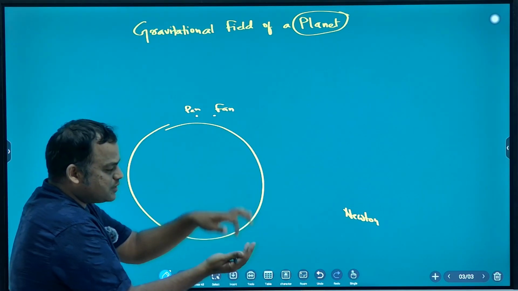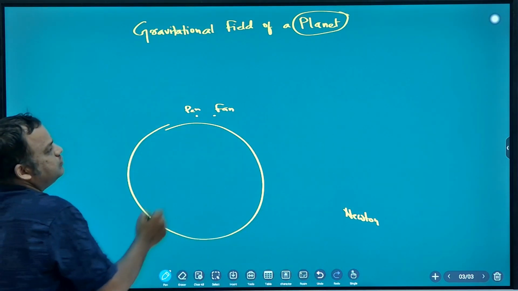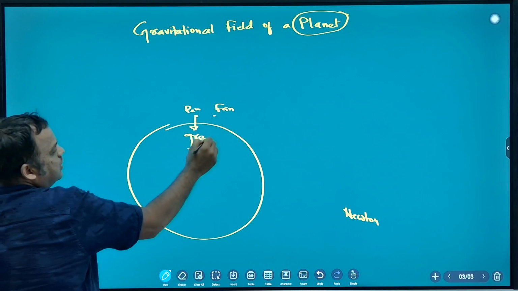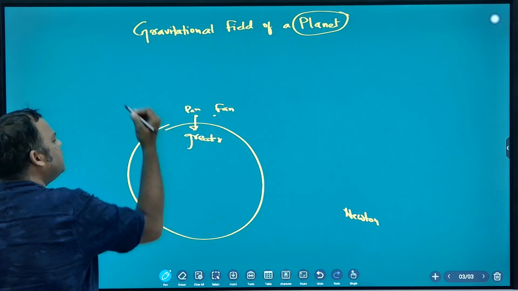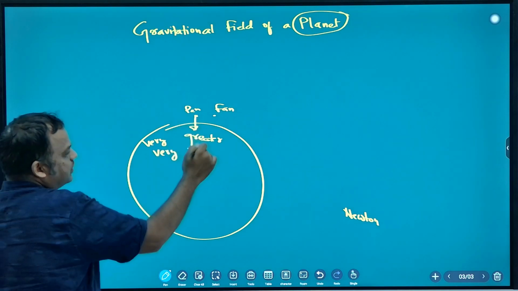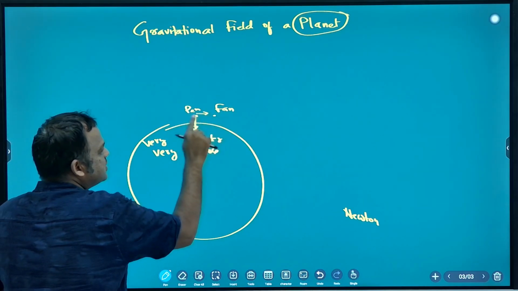So why is this pen not going towards fan? Because Earth is pulling with very greater force. We cannot imagine. Earth is pulling it with very greater force. So this force is negligible.